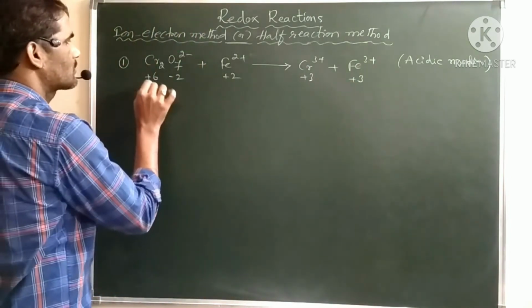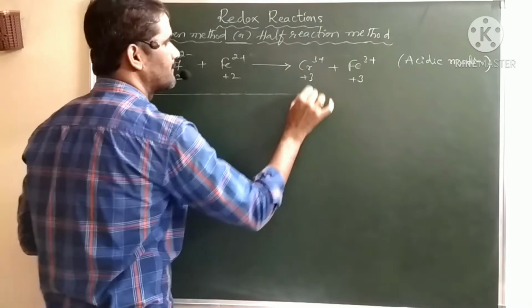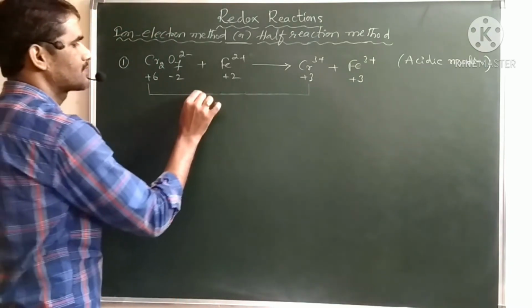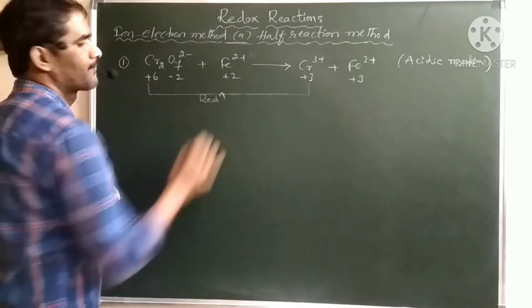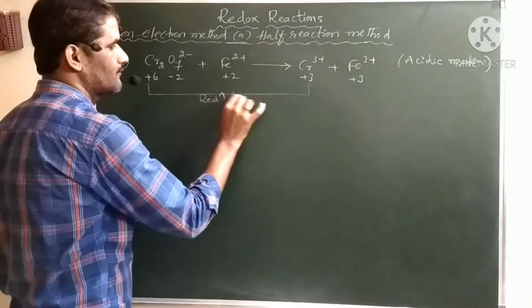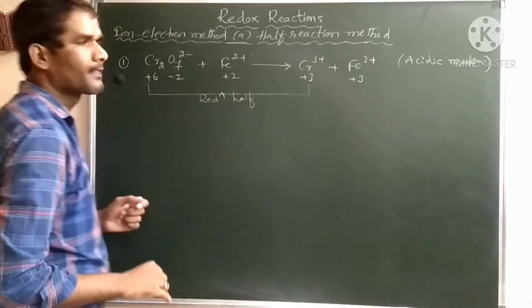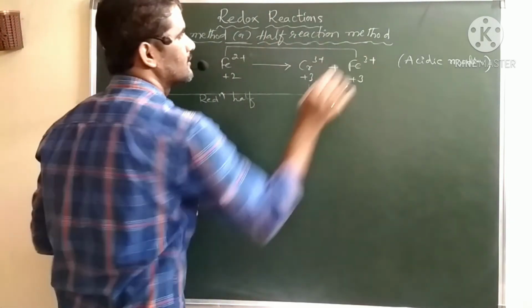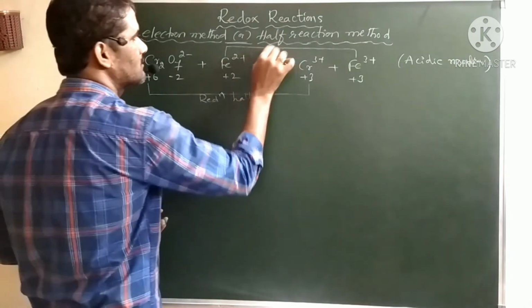Chromium goes from +6 to +3, decreasing oxidation state, so this is the reduction reaction. And iron goes from +2 to +3, increasing oxidation state, which means oxidation. This is the oxidation reaction.